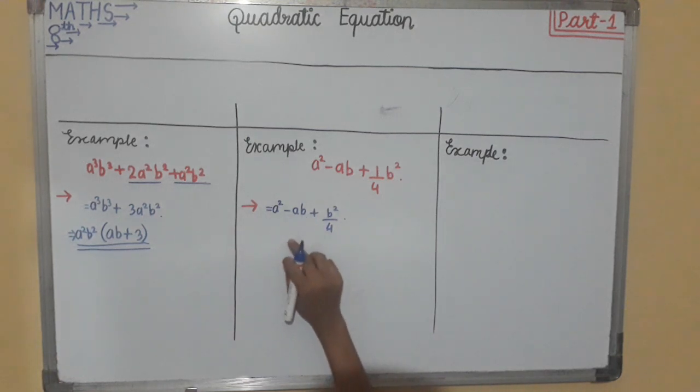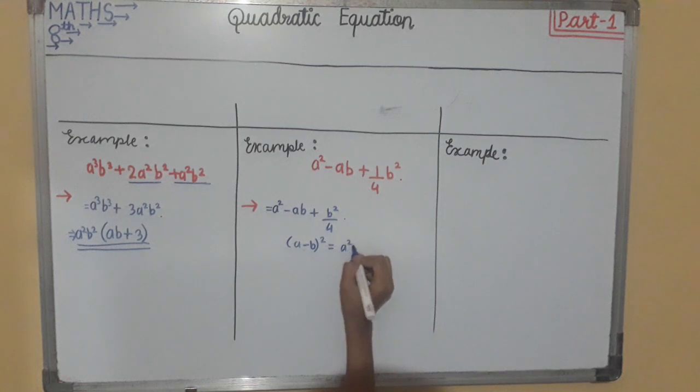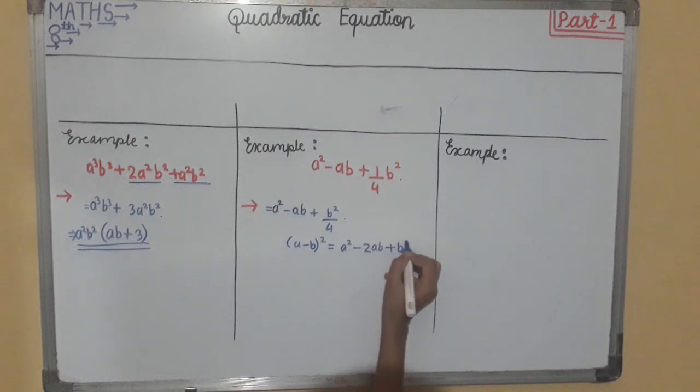Here if we look at it carefully, we'll get that the identity a minus b whole square is similar. That is a square minus 2ab plus b square.